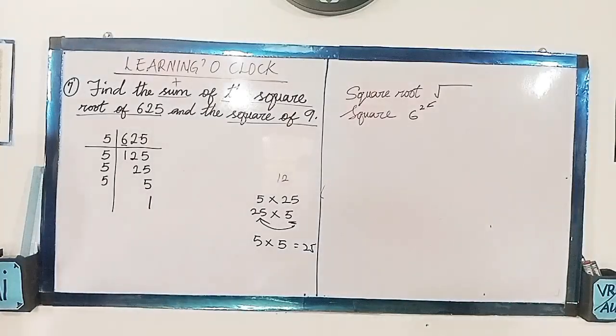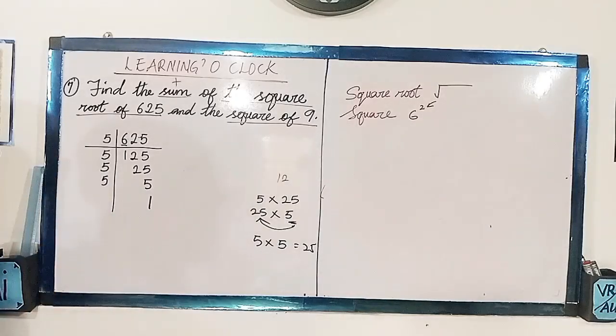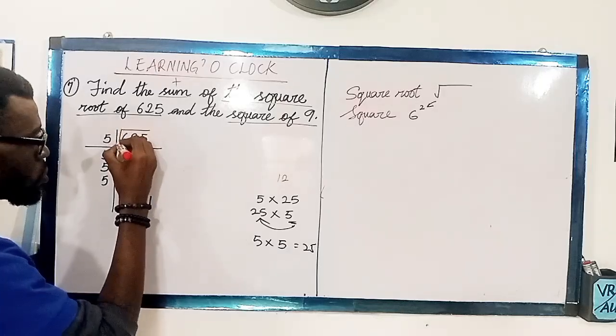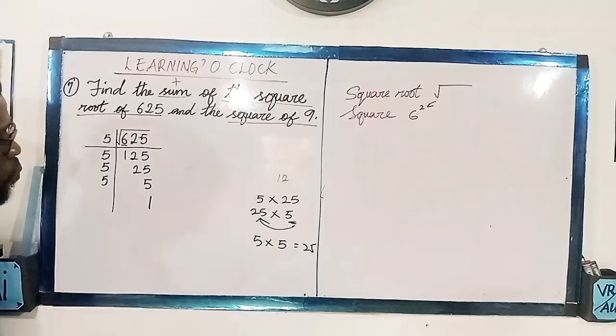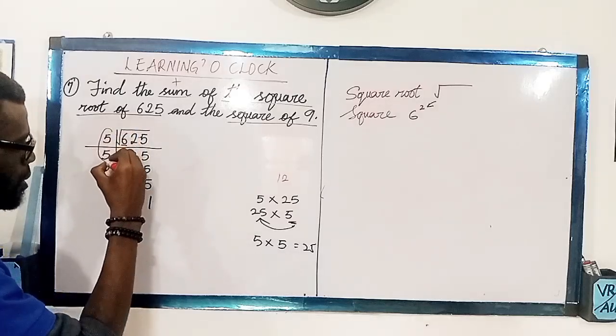So at this point, how do we get the square root? I'll say that again. The square root of 625. So what we'll do, we'll take two similar factors, right?